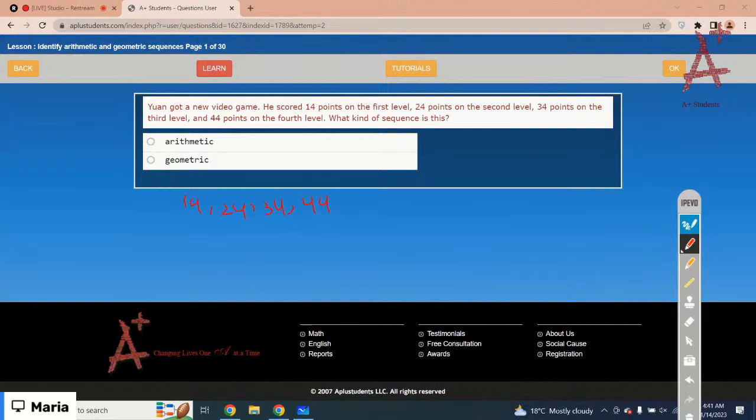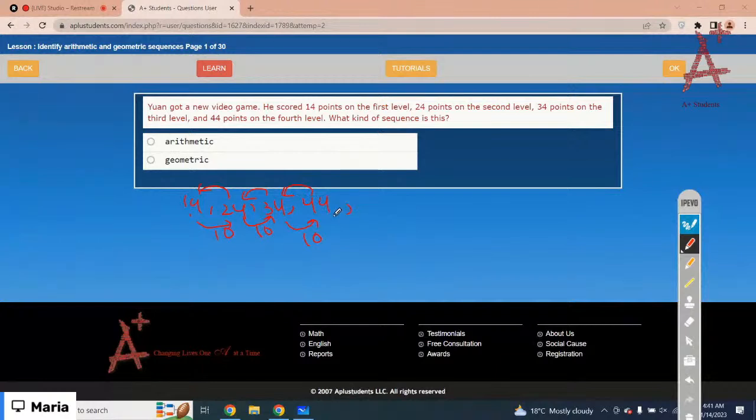First of all, calculate. Just check for the arithmetic. Calculate their differences. 24 subtract 14 is 10. 34 subtract 24 is 10. 44 subtract 34 is 10. That means you can get each next term by adding 10.